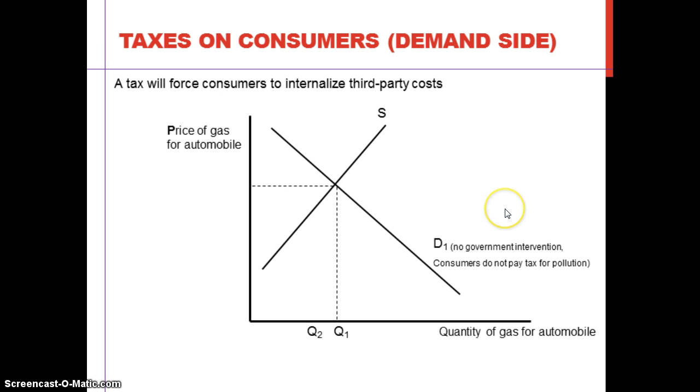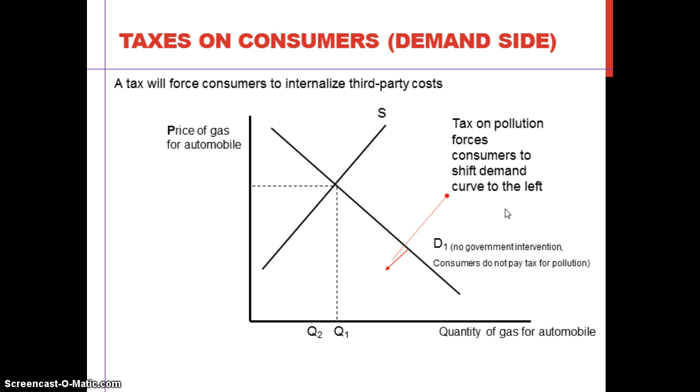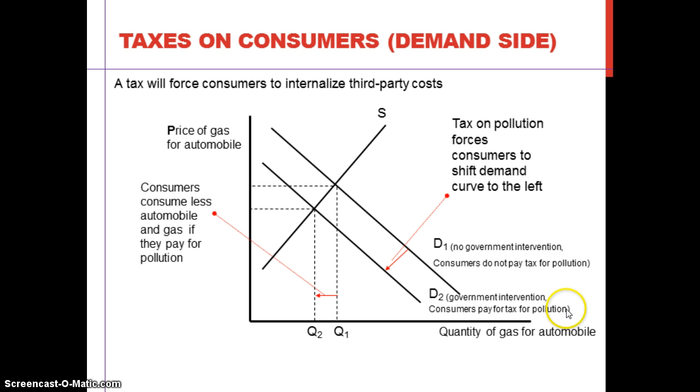So the government will impose a tax on consumption, and the government will shift this equilibrium to here by reducing the amount of consumption. And finally, due to government intervention, consumers pay the cost of pollution.